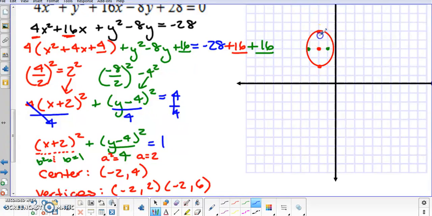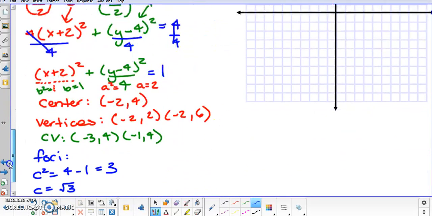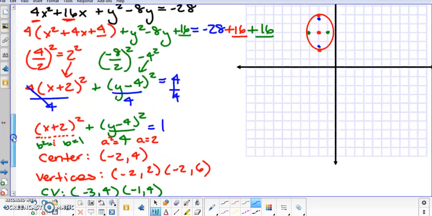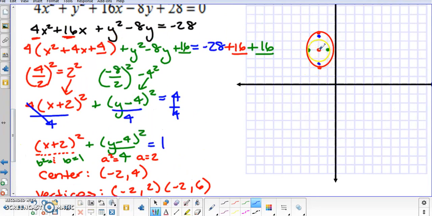So I'm going to go up 1.7, so you can see I'm almost up here, and down 1.7. So those are going to be located at -2, 4 plus or minus the square root of 3. Because again, I'm going to -2, 4, and I'm adding square root 3, and I'm subtracting square root 3.